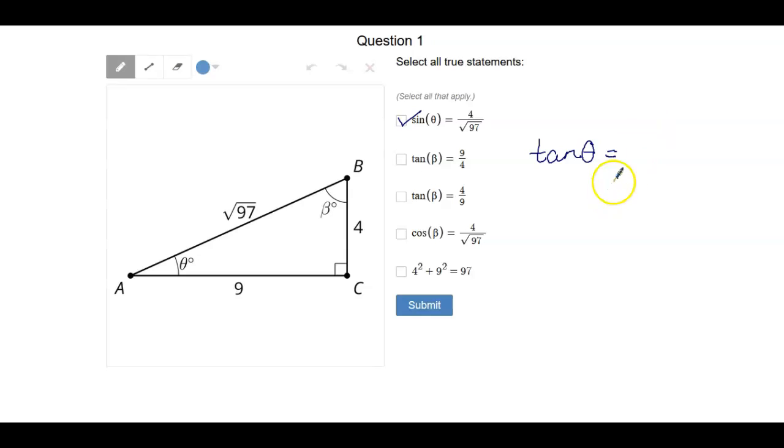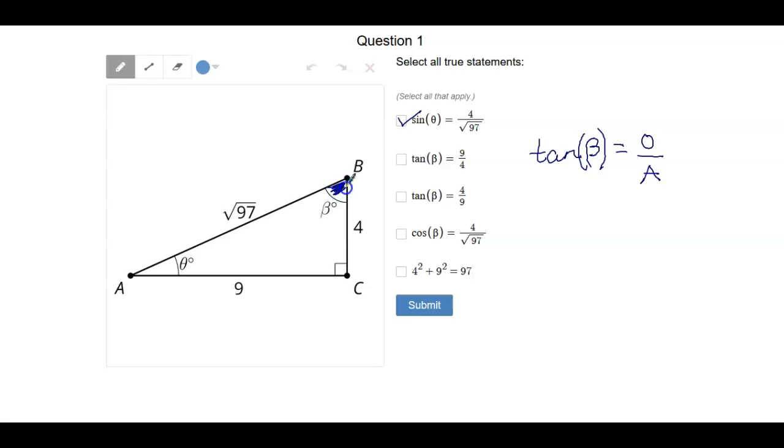Tangent of beta is equal to, so tangent is opposite over adjacent.